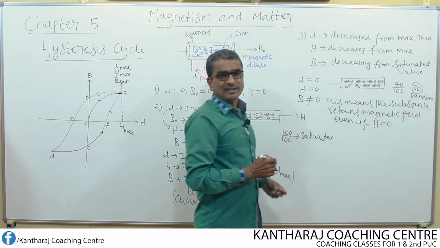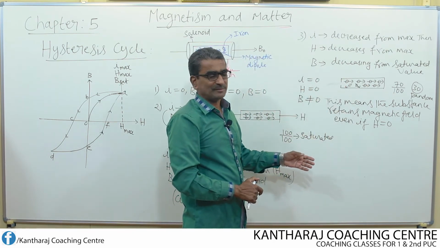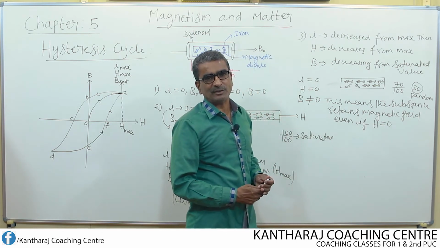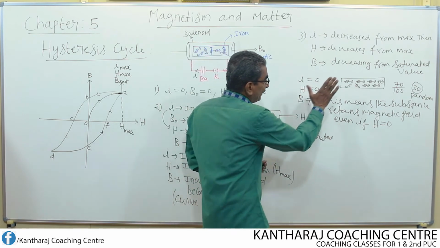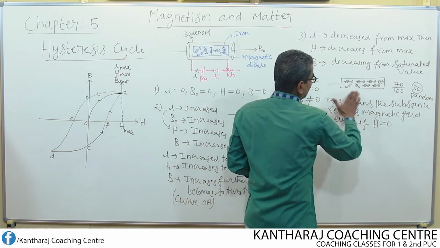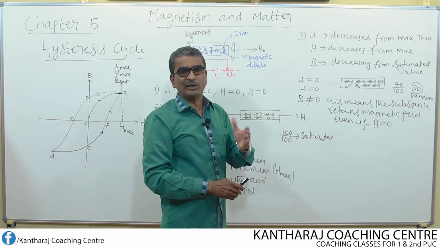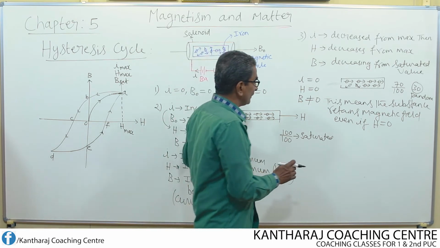So because of this, the substance is able to retain its magnetism. That is why B does not become equal to 0 even if H is made equal to 0. So this amount of magnetic field retained by the substance or the specimen is known as residual magnetism, residual magnetic field.